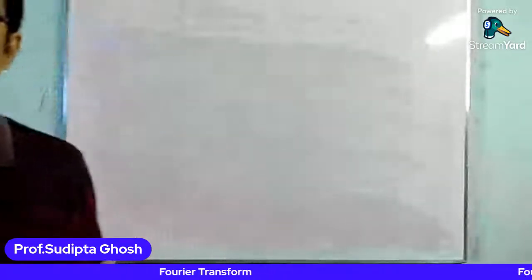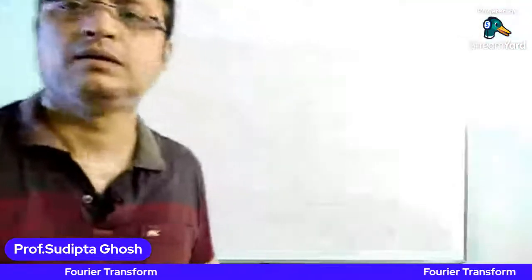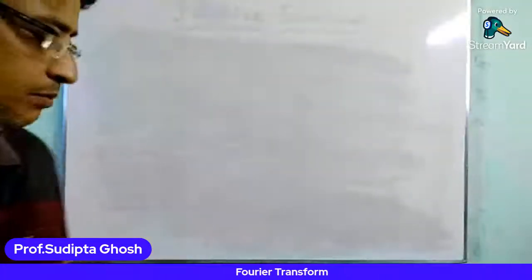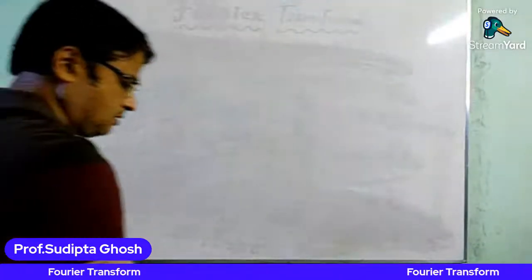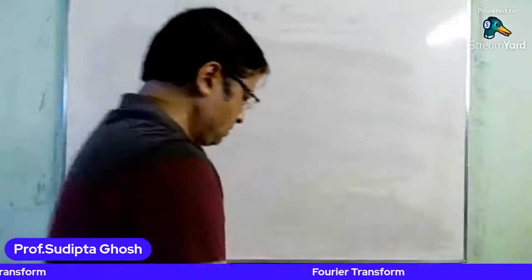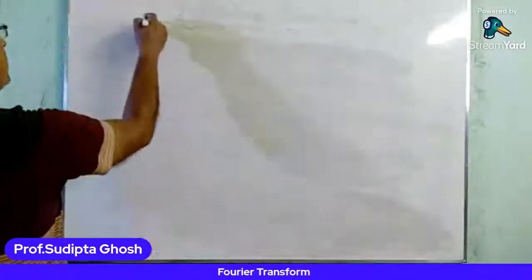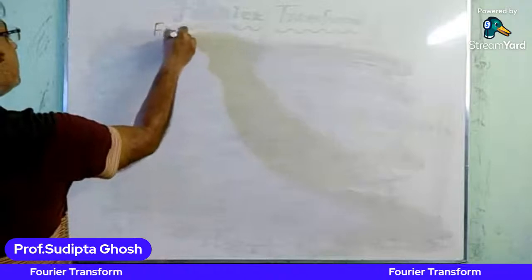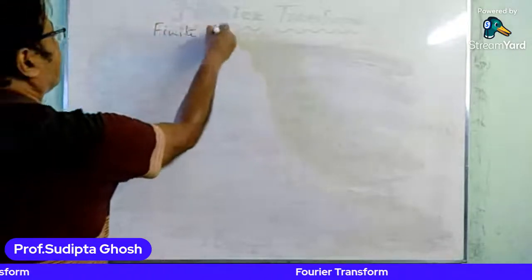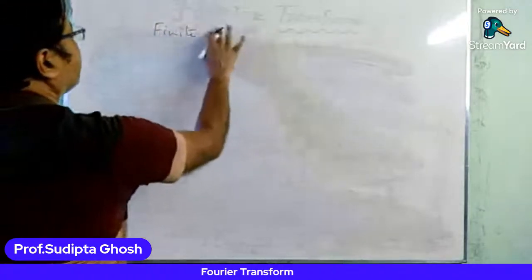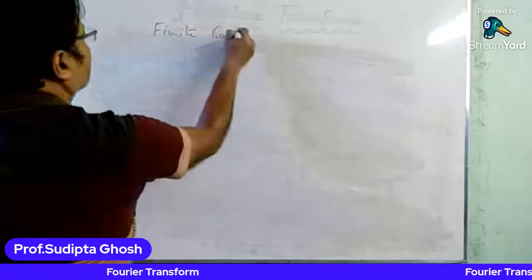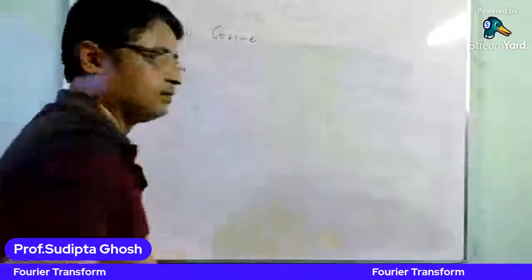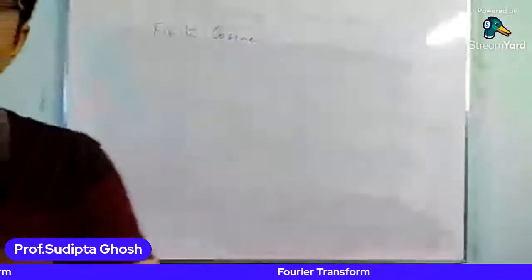It is not clear from the beginning. But at the beginning, find the Fourier finite cosine transformation. Is it okay now?